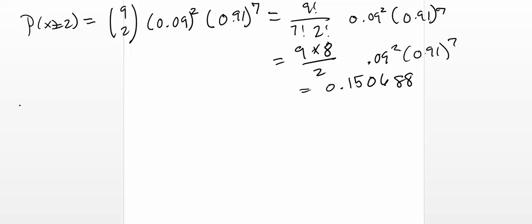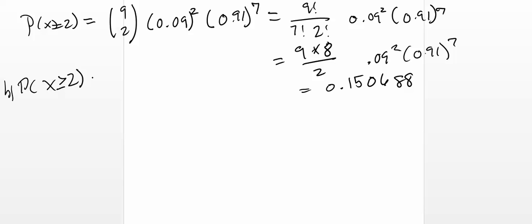The second part of the question, B, asks for the probability of at least 2, so 2 or more, and that's what that means. But to do that, I'd need to calculate the probability that it's 2 and 3 and 4 and 5 and 6 and 7 and 8. I'm too lazy, I'm not going to do that.